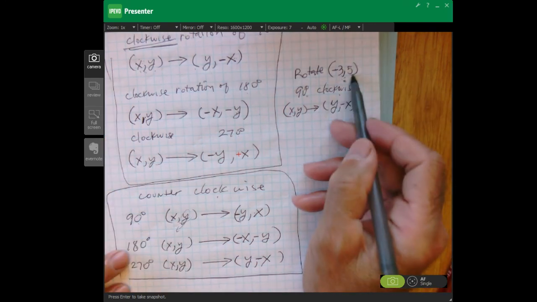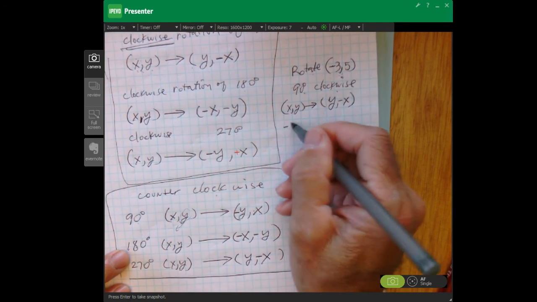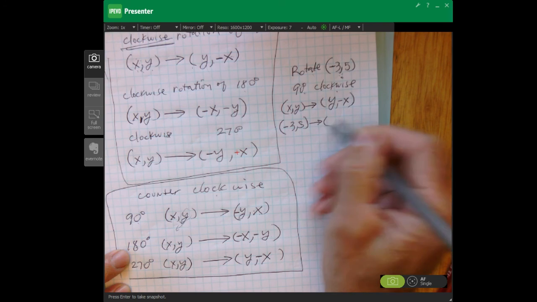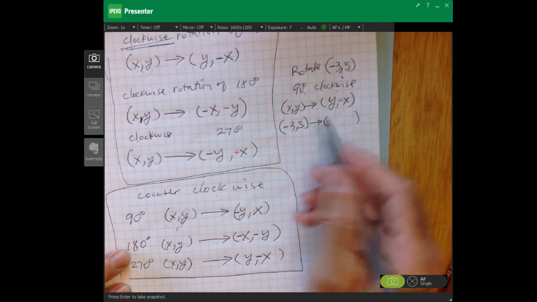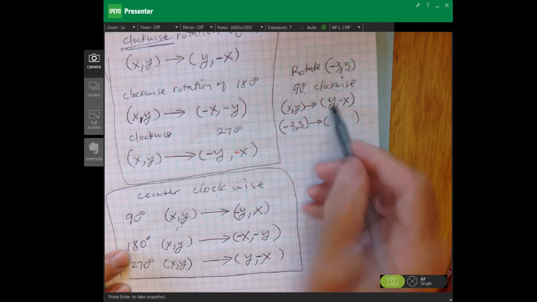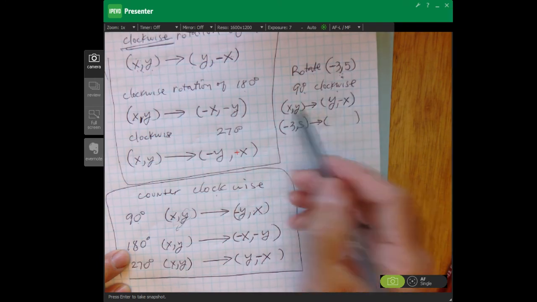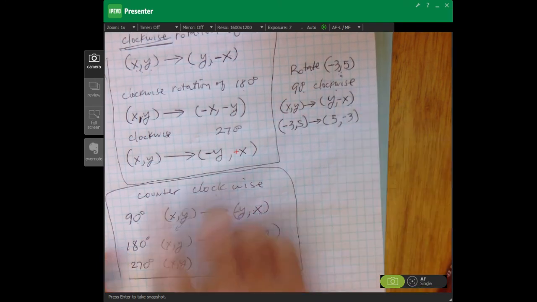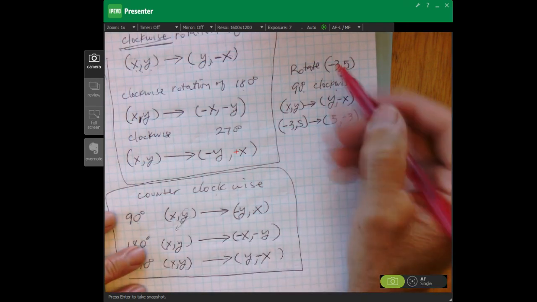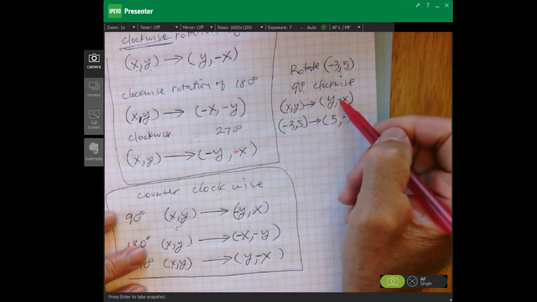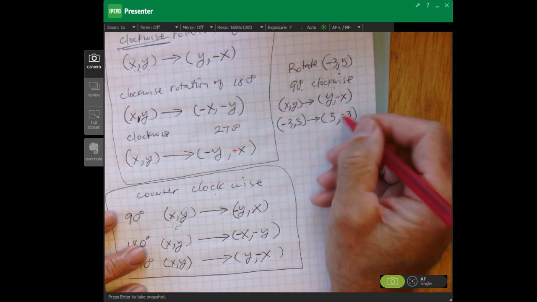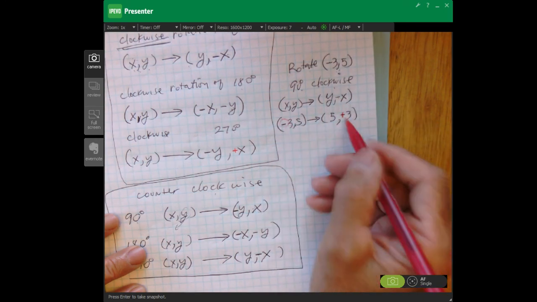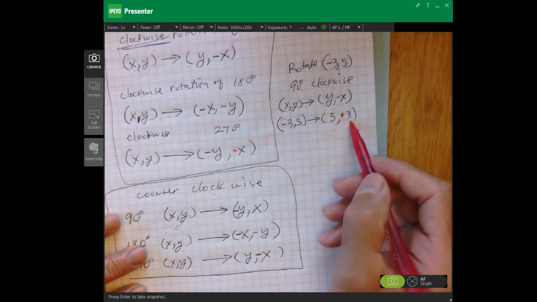So we're going to start off with negative 3, 5. Now we're going to put it in this order. We're going to switch it. So it's going to be the 5 and negative 3, but then we need to change the sign on this one. See, so whatever it started at, we change it. So it'll be 5, 3.